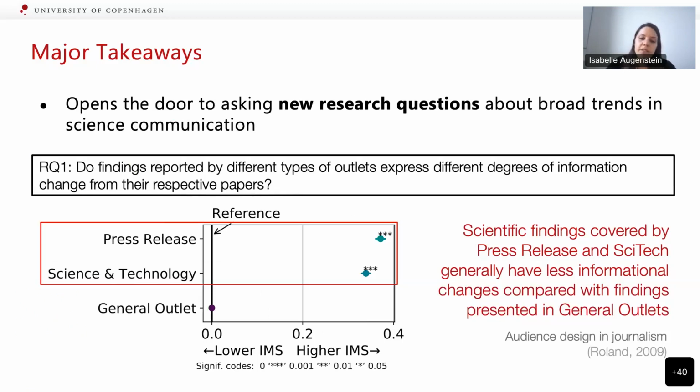We think it's a very interesting avenue for research that also opens the door to answering all kinds of new research questions about broad trends in science communication, such as here about what types of news outlets are more likely to exaggerate scientific findings.